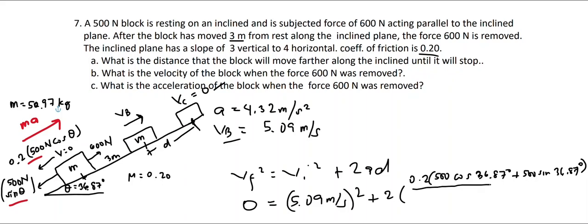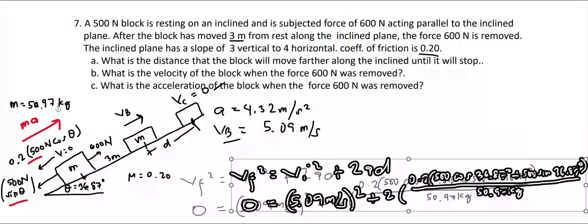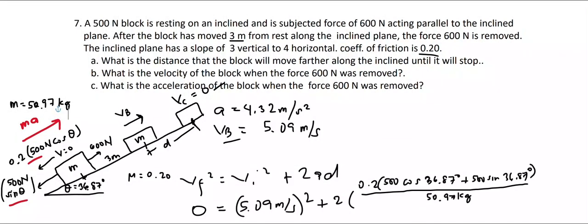Since it is in terms of newtons, we divide this by the mass of 50.97 kilograms to convert this into acceleration. And since the acceleration would tend to decelerate the motion of the block, the sign for the acceleration is negative. And then we multiply this by the distance d.